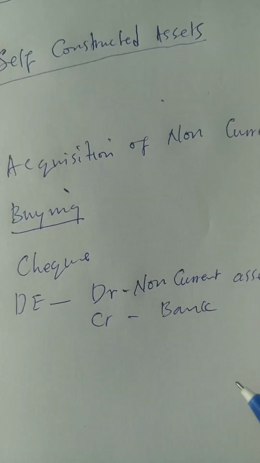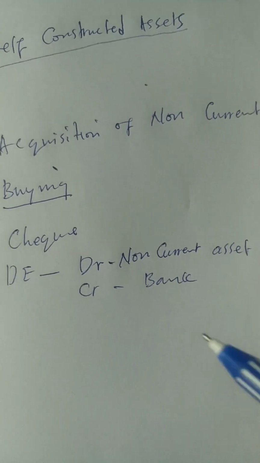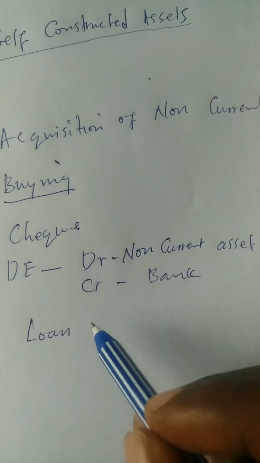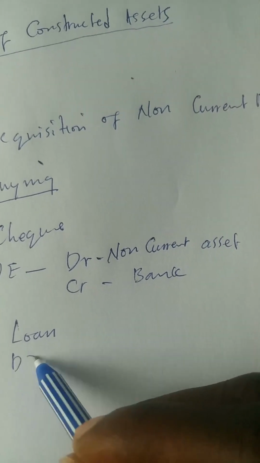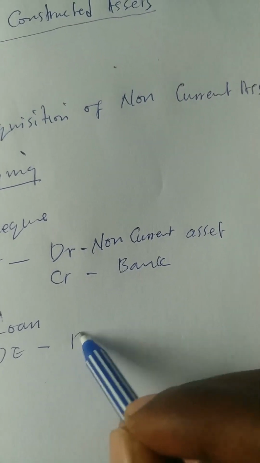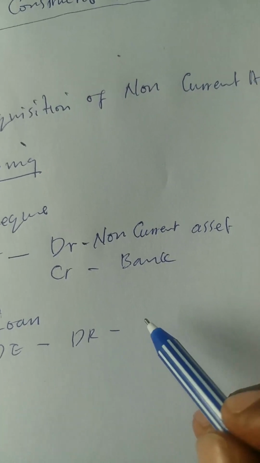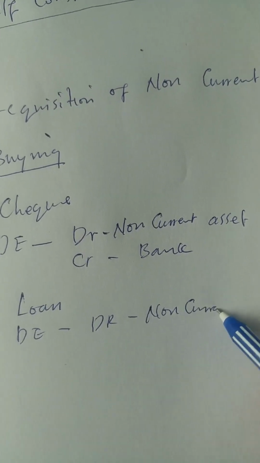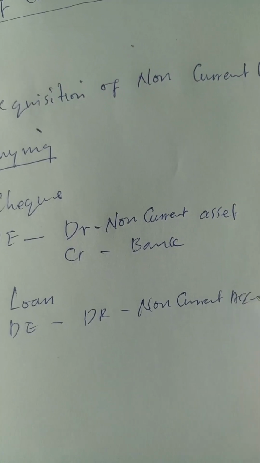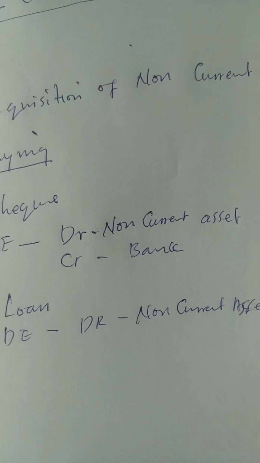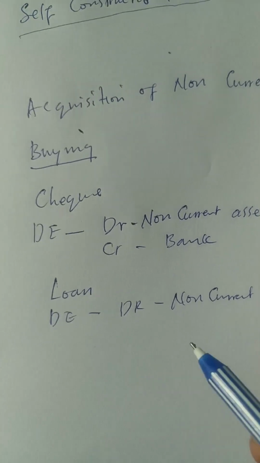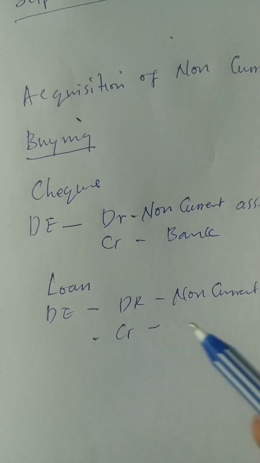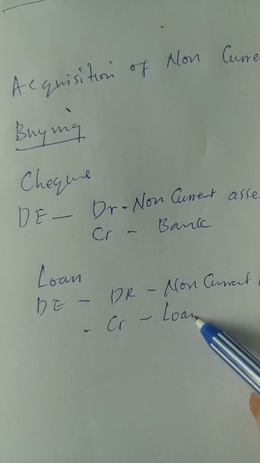Or maybe by loan. You acquire a non-current asset by loan. The double entry is going to be debit non-current assets, and then you're going to credit the loan payable.